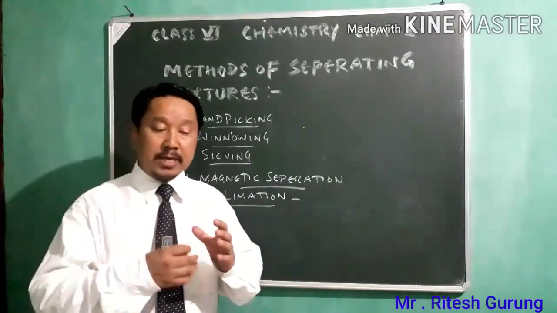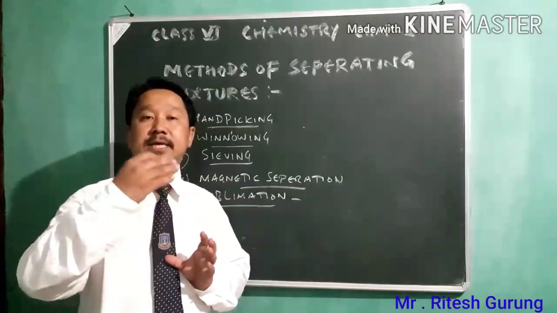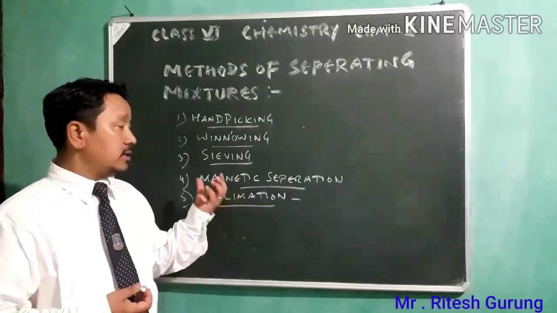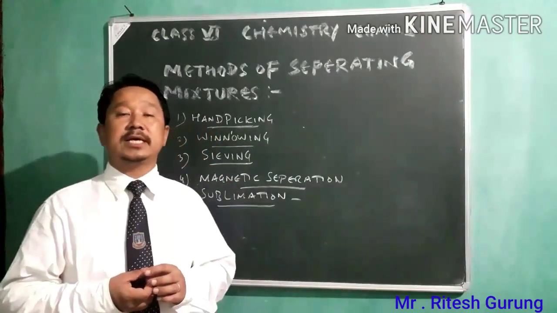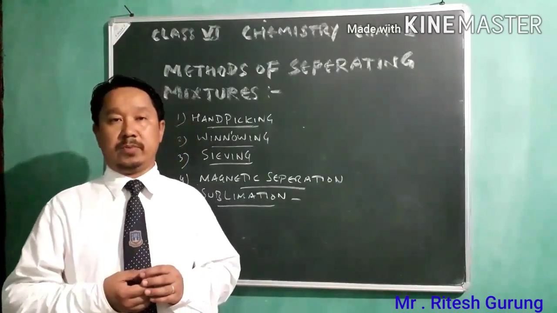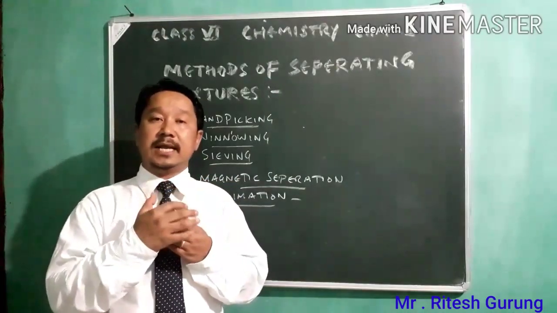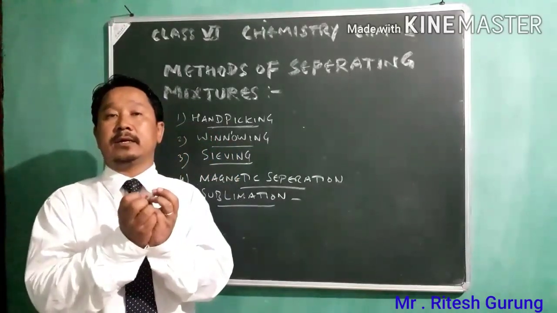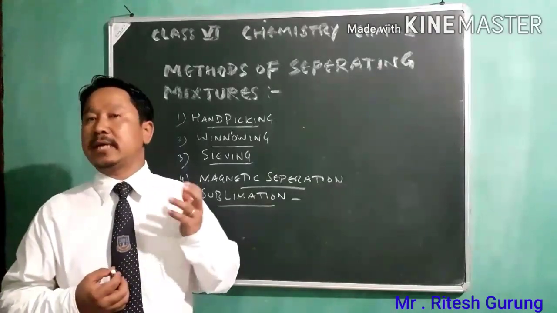Without becoming liquid, the solid substances on heating directly change into gas. That is called sublimation. By the method called sublimation, many impure solid substances can be sublimed to pure form. When they are heated, those solid substances change directly into gas, and that gas is afterwards cooled down and collected in the pure form. For example, you see camphor.